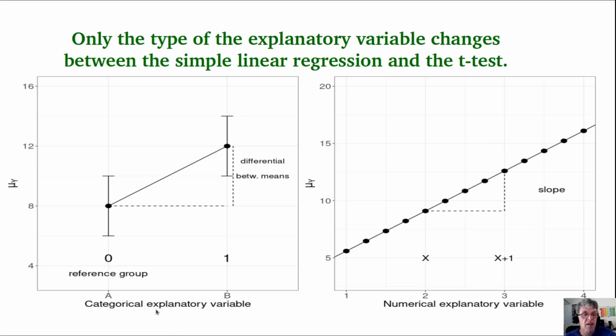In this case, with the categorical explanatory variable, we change from the reference group to the other group, and therefore we obtain the differential between the means represented by the dots, and here the slope simply represents the change of the mean of the response variable when we change one value from x to x plus 1 of the numerical explanatory variable. In both cases, the model is the same. It's just that in the model represented on the left, the explanatory variable can only change between two possible values, or levels in this case.